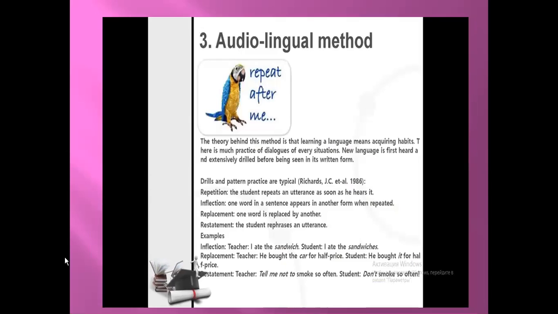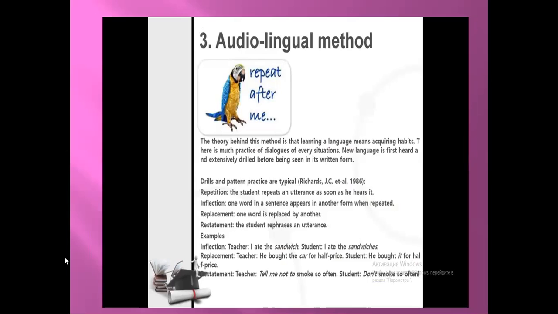The third one is the audiolingual method. The theory behind this method is that learning a language means acquiring habits. There is much practice of dialogues for every situation. New language is first heard and extensively drilled before being seen in its written form.